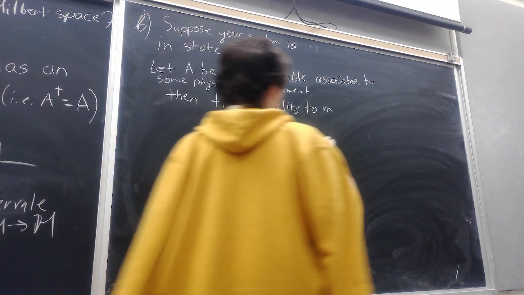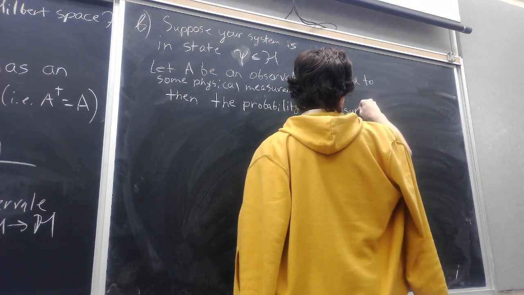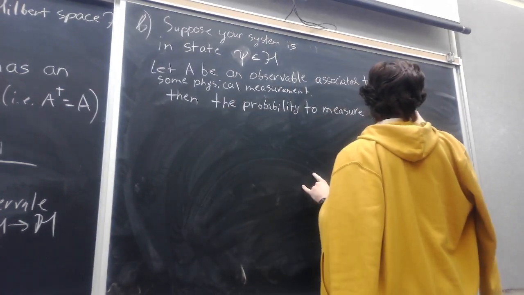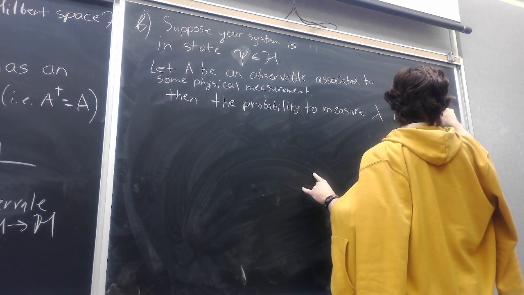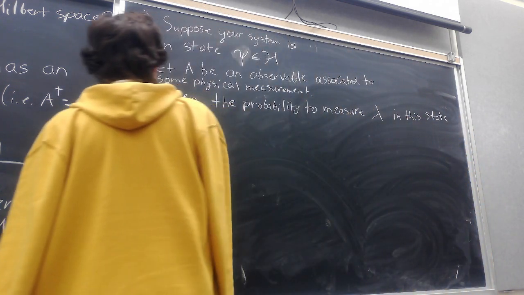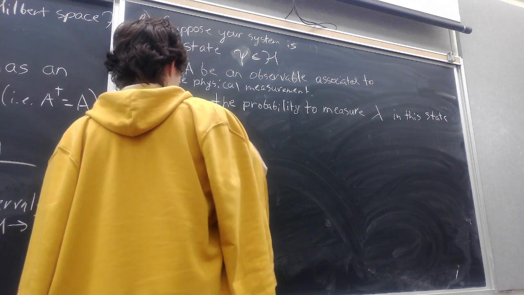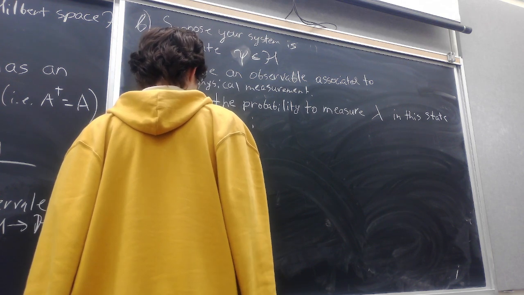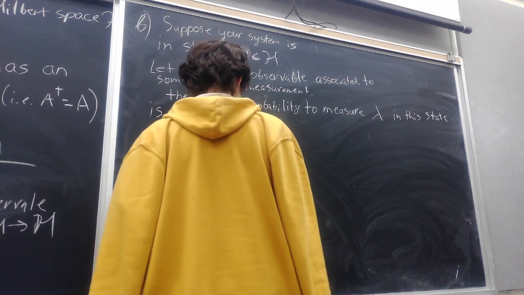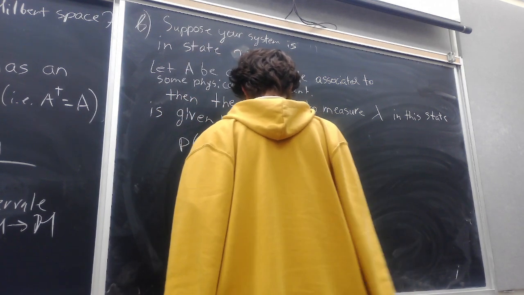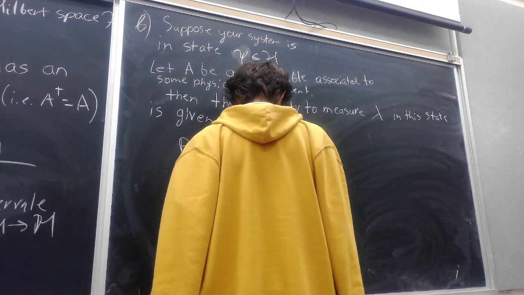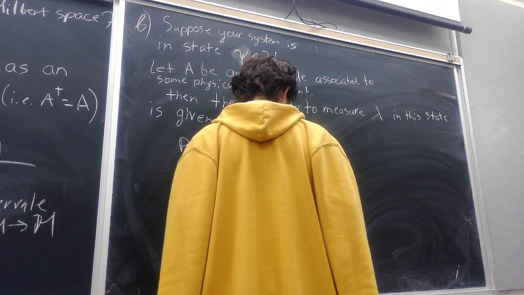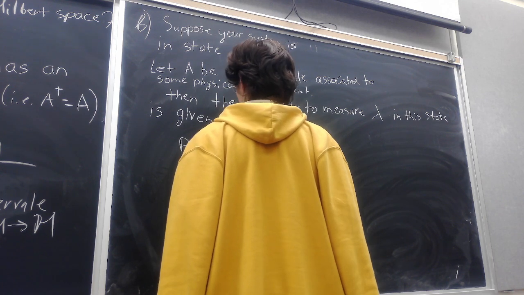Then the probability to measure lambda in the state psi is given by the following expression. The probability of getting lambda is the sum over the absolute value of the inner product of V_i with psi, all squared, where the V_i are all eigenvectors of A with eigenvalue lambda. I'll use the physics convention so we don't get confused.